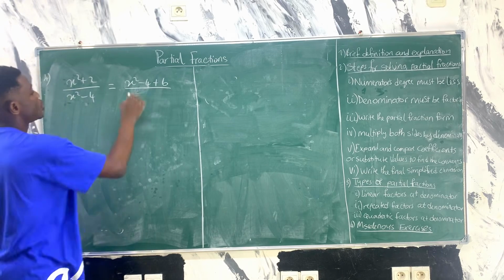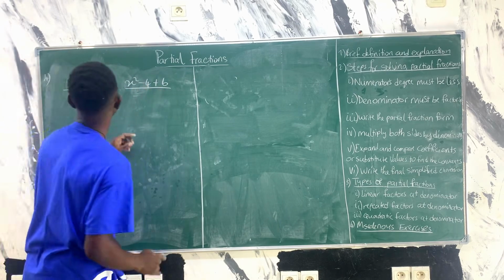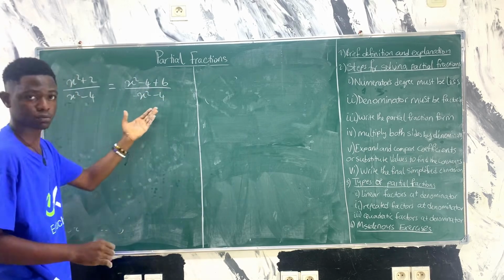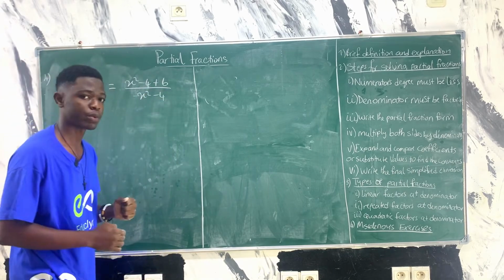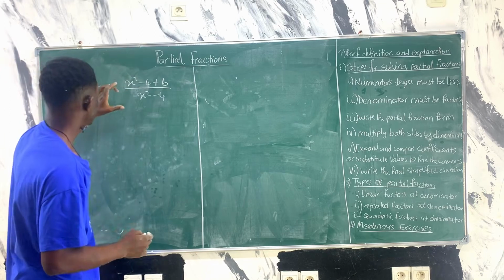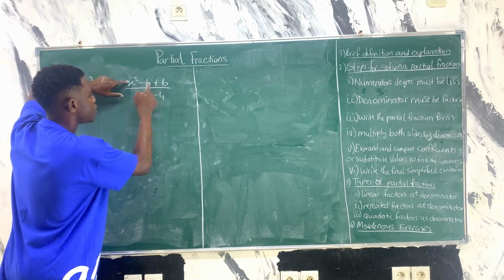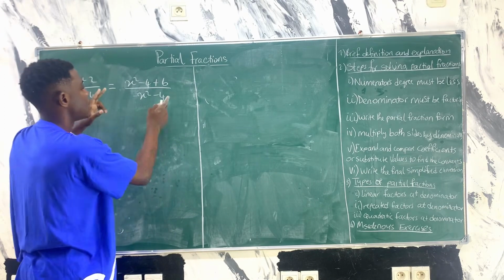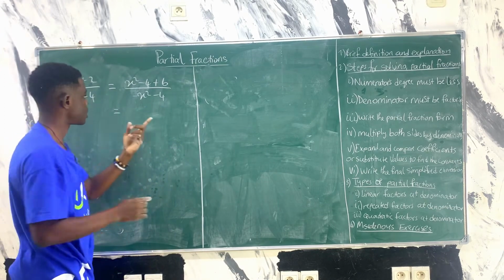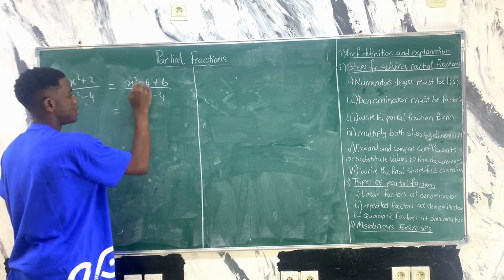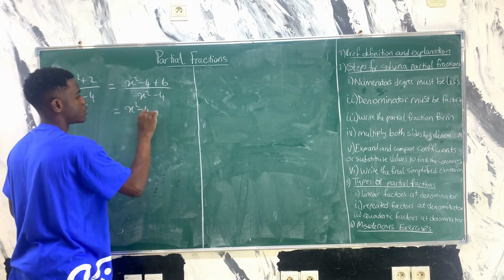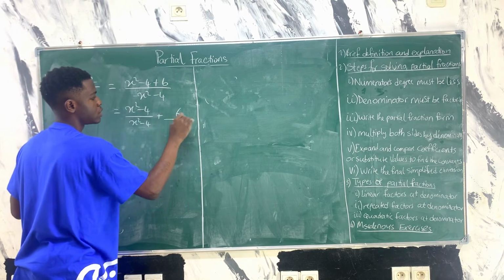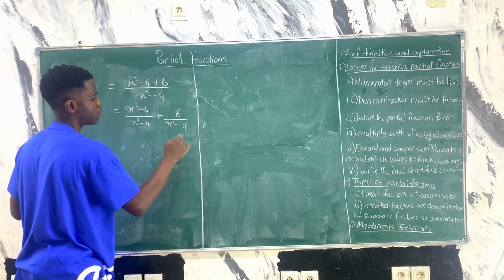So x squared minus 4 divided by x squared minus 4, so that this should cancel this. You see that x squared minus 4 and x squared minus 4 is the same. Check this out, this is the same as x squared minus 4 on x squared minus 4 plus 6 on x squared minus 4.